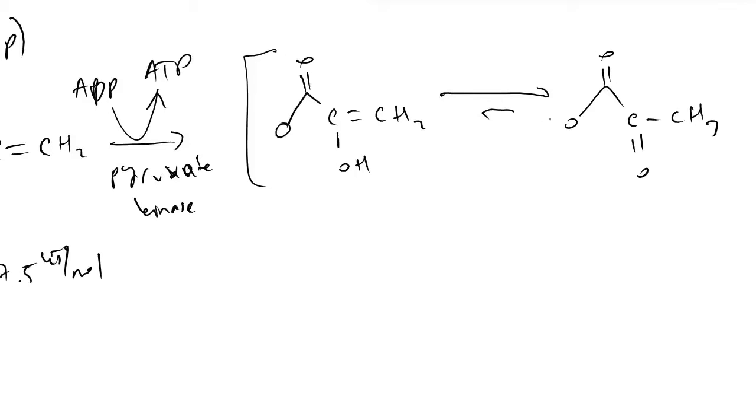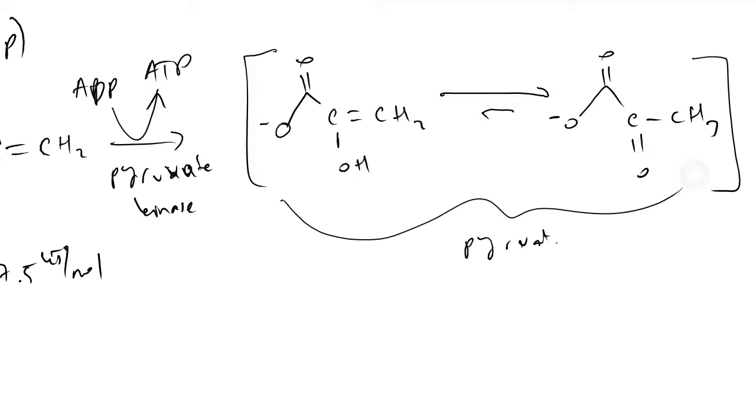And this oxygen has a negative charge, and this as a whole is pyruvate. So pyruvate is a keto-enol. If you were to examine the structure of pyruvate in solution, you would find most pyruvates in the keto form and few in the enol form. But as we'll see later in the citric acid cycle, pyruvate being a keto-enol tautomer is very important later on.